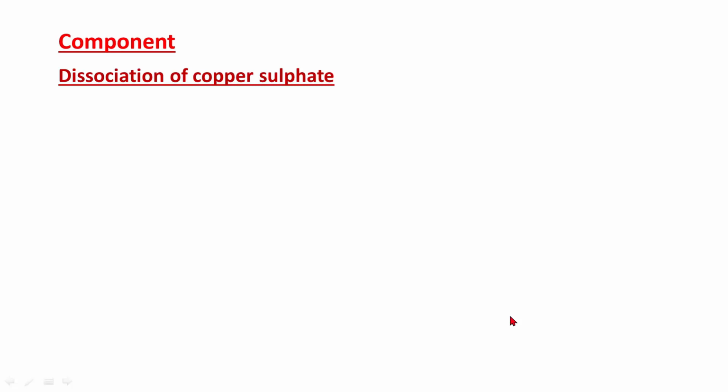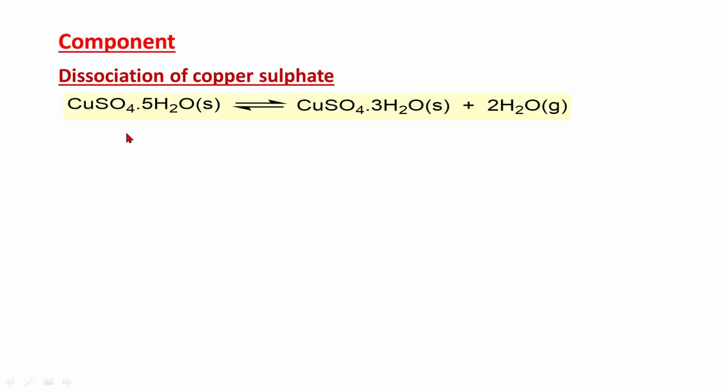Dissociation of copper sulfate. Copper sulfate 5 water molecules dissociates into copper sulfate 3 water molecules plus water gas. So number of phases is 3, 2 solid and 1 gaseous.